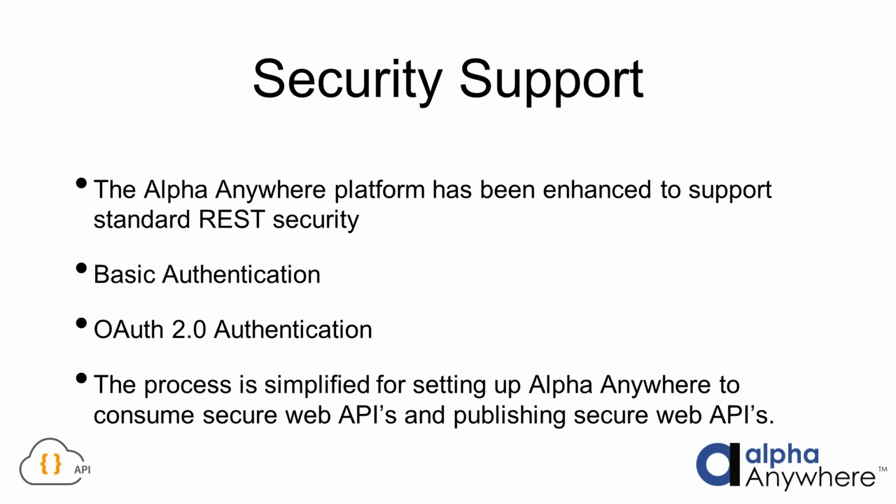Security support, as mentioned before: we have not only the ability to integrate services that require authentication like OAuth or some sort of basic authentication for that service, but you can add your own security that either keys off of a third-party service that you've integrated, maybe Facebook or OpenID, but also using the Alpha Anywhere security framework.